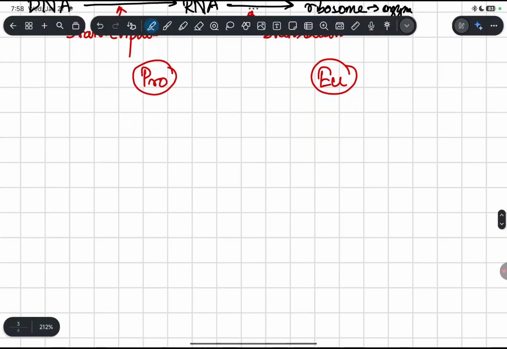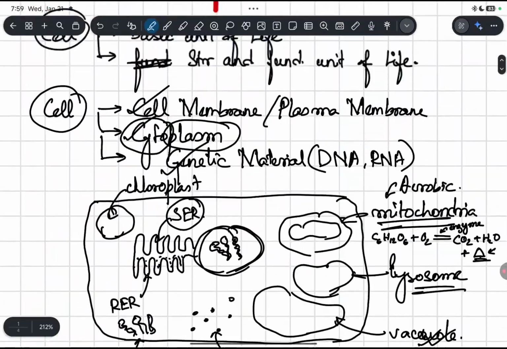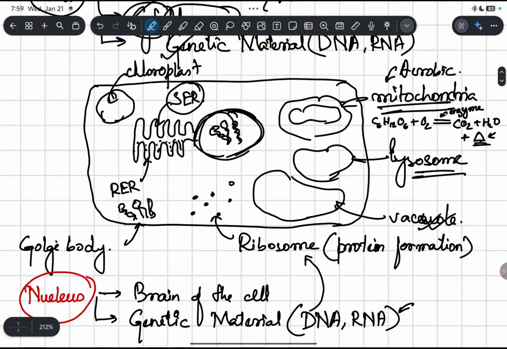Pro means before nucleus, where a true nucleus is not present, whereas in a eukaryotic cell a true nucleus is present. For example, in the eukaryotic cell we saw earlier, we have a proper membrane, and the genetic material is inside a proper nucleus.